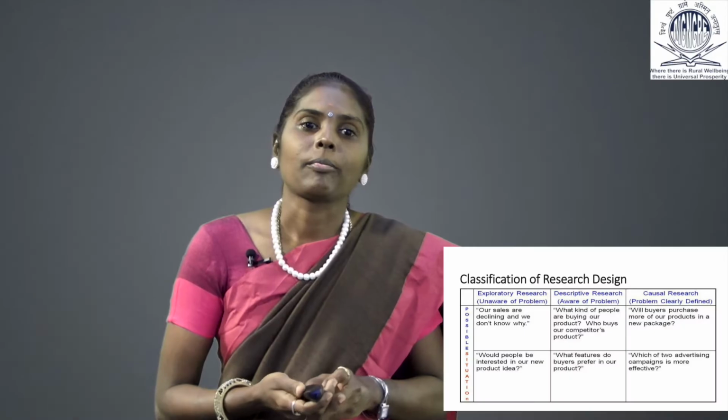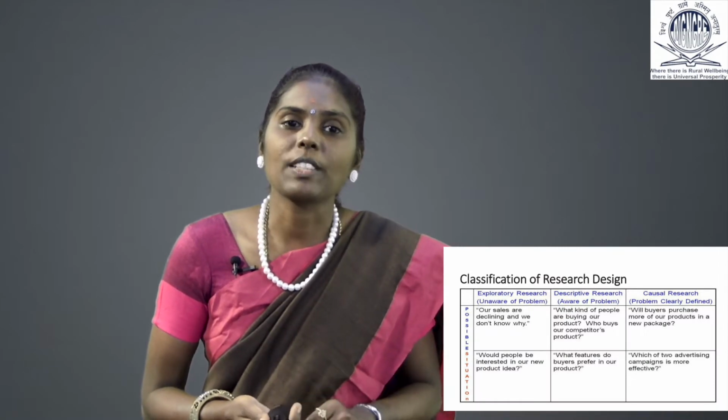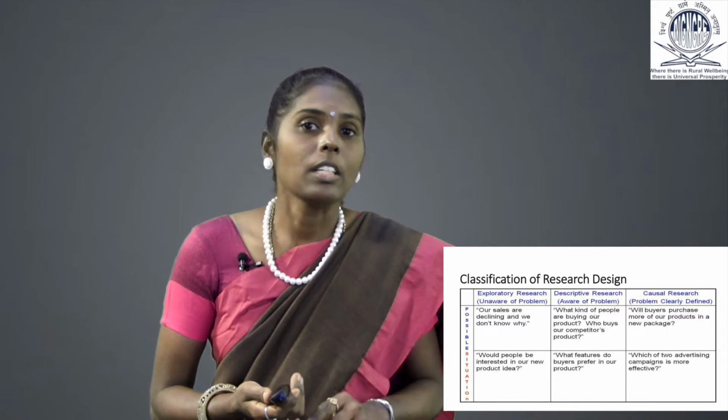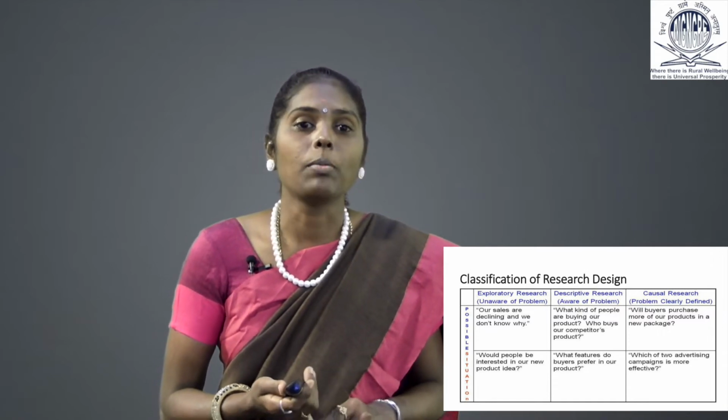So as we have seen, there is a classification of research design, where the researcher would design what type of study one should carry out based on the information that he or she is trying to collect, right, trying to study. So the first classification is exploratory research. In this type of research, the researcher is unaware of the problem.